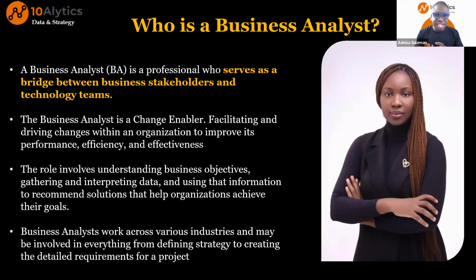You are a change agent, number one. You are a bridge between the stakeholders and the technology team. You understand the key objectives of the business. So you have a good understanding of the business, where the business wants to get to, what they want to achieve. And you are also involved in coming up with a strategy, in coming up with the budgeting, understanding how everything ties together at the end of the day.